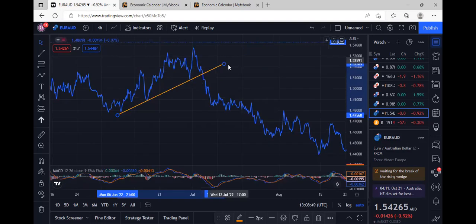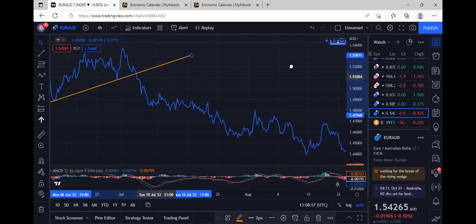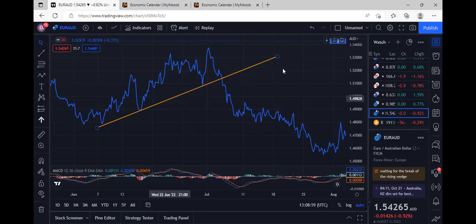Then we come to this particular area. This is structure. The market is obeying structure, but now the market wants to break this particular structure. How will the market break the structure?